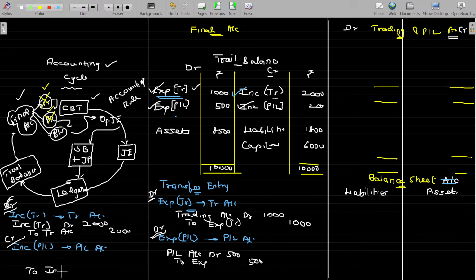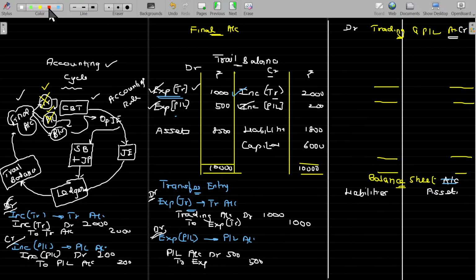Sorry, this is a credit balance, and a credit balance means you have to cancel it by debiting it. So I am debiting the income related to the P&L account, and crediting the P&L account, the value being 200.